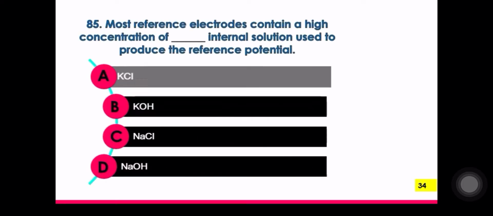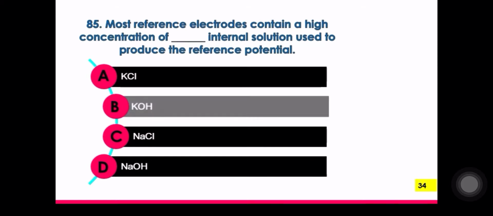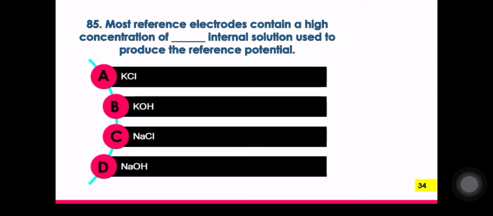Choices, is it letter A, potassium chloride, letter B, potassium hydroxide, letter C, sodium chloride, or letter D, sodium hydroxide po? The correct answer is letter A, potassium chloride po. Most reference electrodes po contain a high concentration of potassium chloride internal solution po that is used to produce the reference potential.